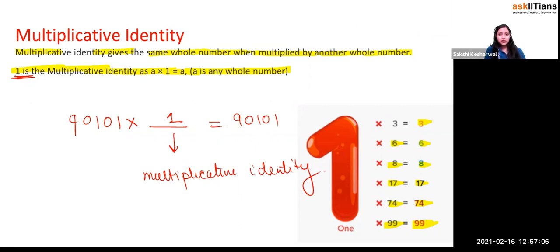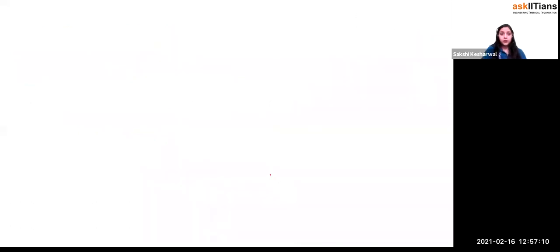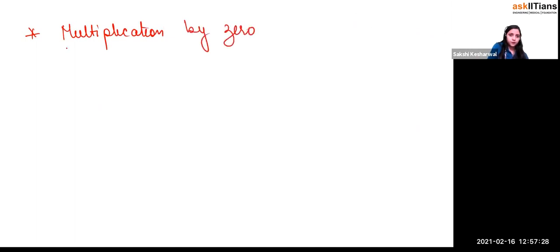Okay, what is the multiplication by 0? Multiplication by 0 is 0 only, right or not? Yes or no? So just write this: multiplication by 0.